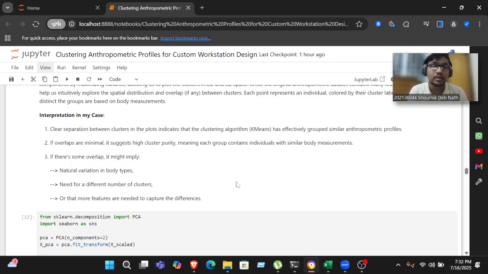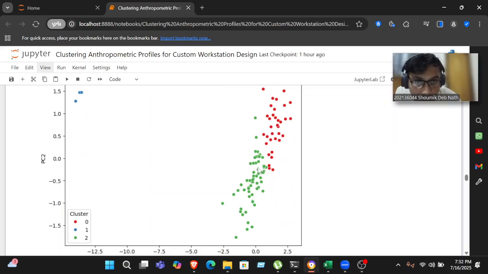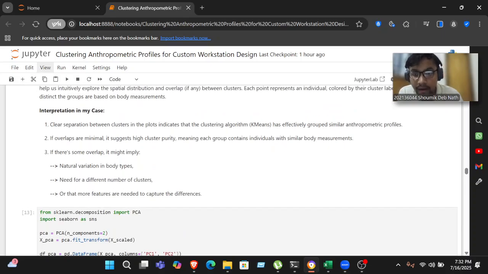High cluster purity means that each group contains individuals with similar body measurements. Also, if there is some overlap, like here, as you can see, some of the green dots, which means cluster 2, are overlapping. What the overlapping means is, first of all, natural variation in body type, and secondly, it is possible that a different number of clusters is needed. It might need more than three clusters, perhaps.